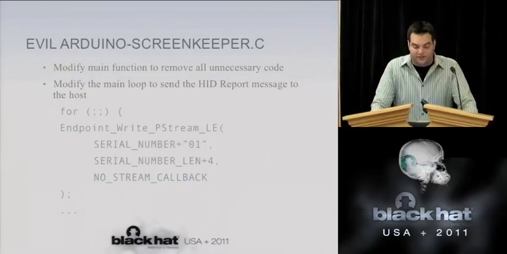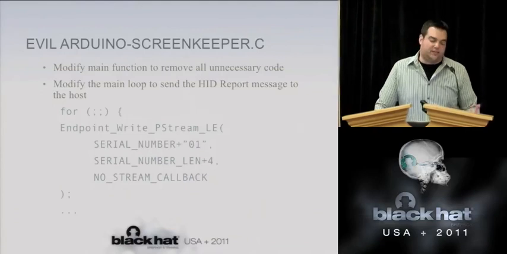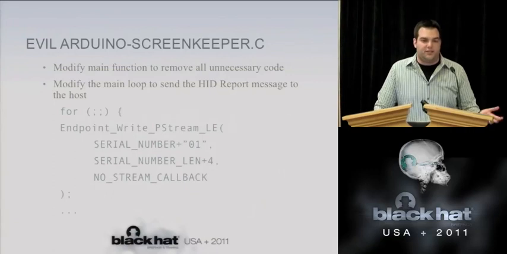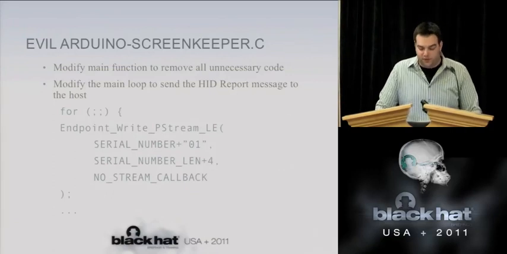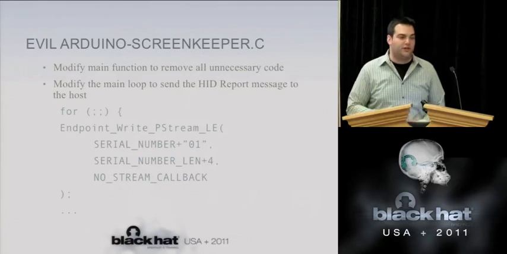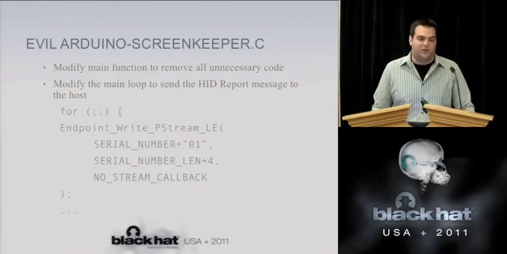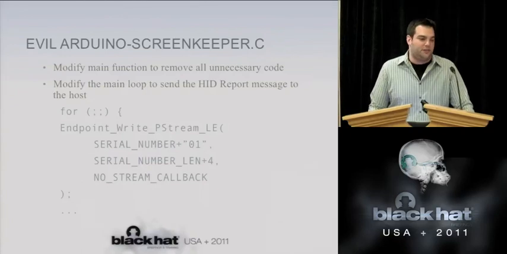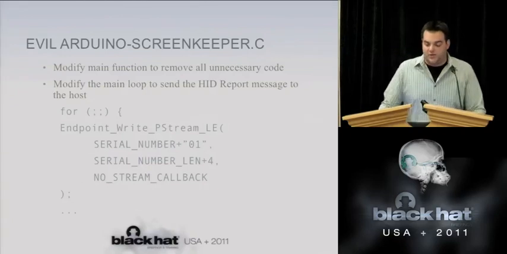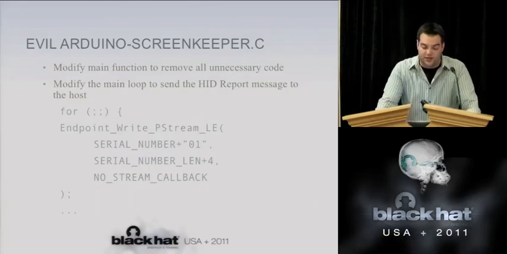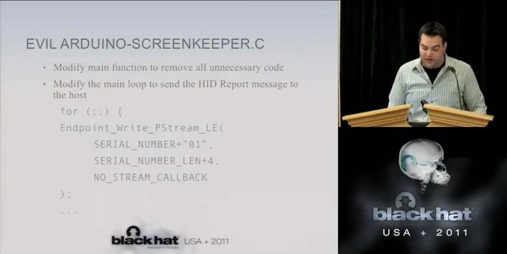The first thing is to remove all of the unnecessary functionality. In this demo, there's a lot of things to blink the LEDs and things like that. All of that can be ripped out to make room for the exact code we want. Luckily, we don't have to be super awesome programmers to do this. All we have to do is write that message to the host device. So in LUFA, you can use the Endpoint_Write_PStream_LE function, for little endian.